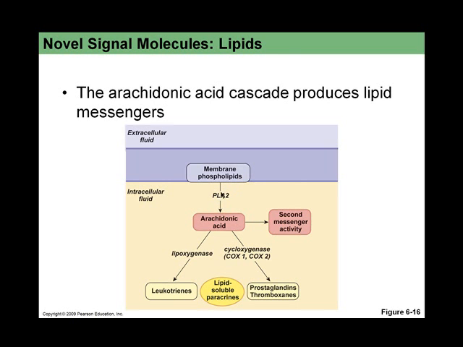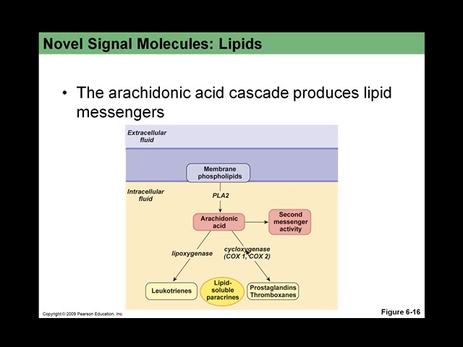So phospholipase, you act on it as an enzyme and generate another molecule, arachidonic acid, that itself can be a second messenger, can affect second messenger activity, and it also can be acted on by cyclooxygenases like COX-1 and COX-2, cyclooxygenase 1 and 2, two different genes for two different gene products, isozymes, right?